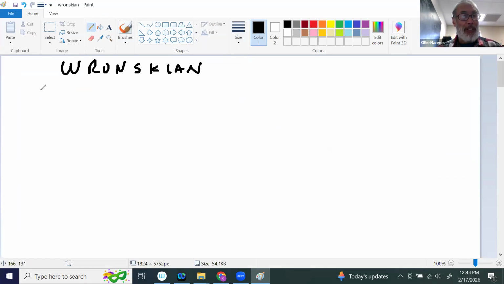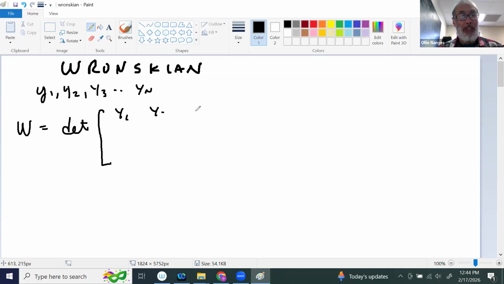Wronskian matrix, for example, if you have the functions y1, y2, y3, all the way to yn, technically the Wronskian will be the determinant of the following matrix of functions: y1, y2, y3, all the way to yn. Then you have the derivatives, y1 prime, y2 prime, y3 prime, all the way out to yn prime.